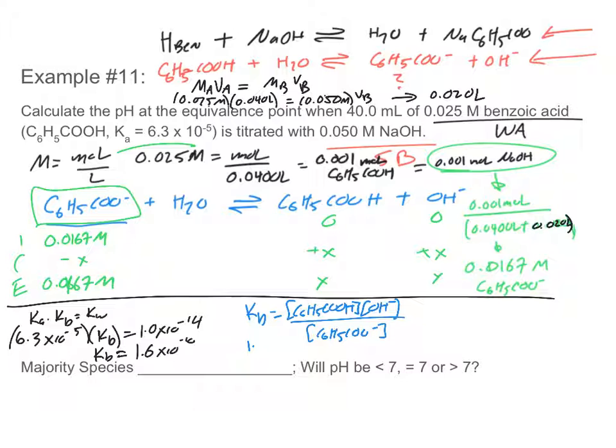I know my Kb is 1.6 times 10 to the minus 10. The top is going to be x times x over 0.0167 minus x, which will get me a value for x to eventually equal 1.63 times 10 to the minus 6, which will equal my x. From there, I can use 0.0167.